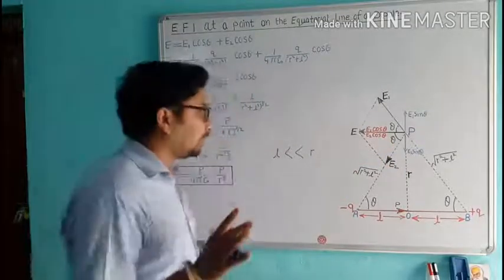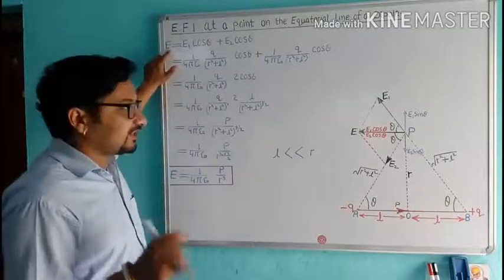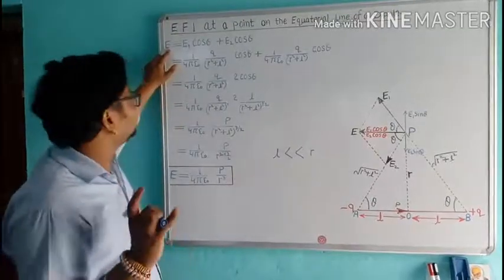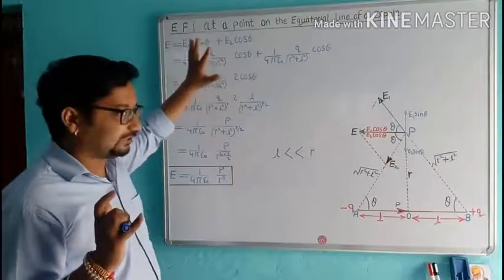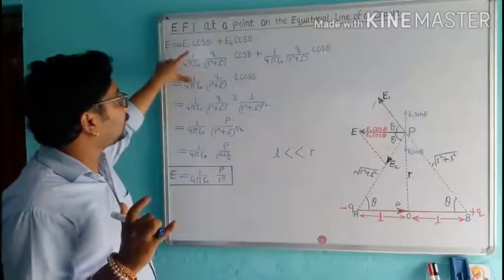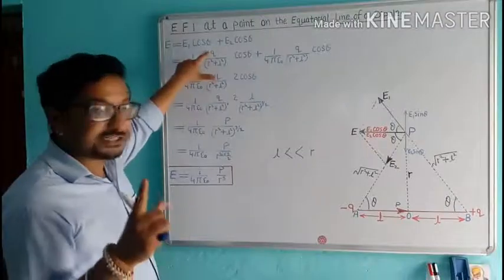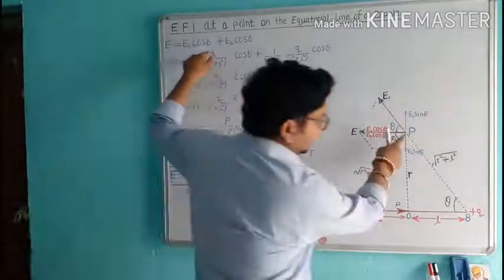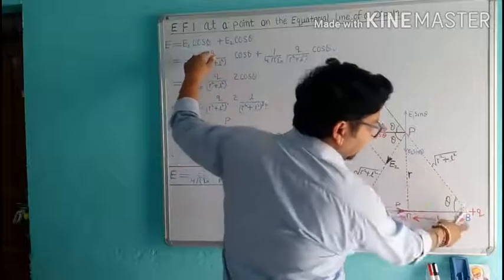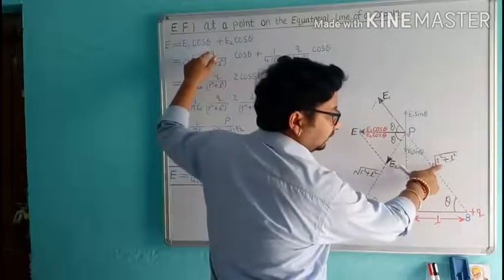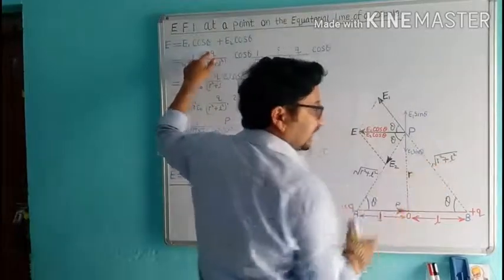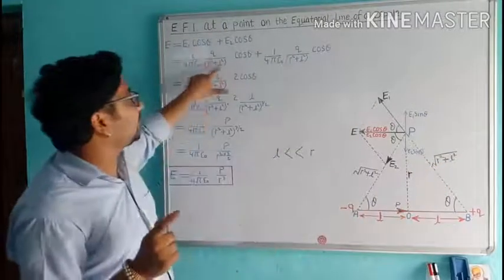Now, the resultant electric field intensity at point P, that is E, is equal to E1 cos theta plus E2 cos theta. The value of E1 is equal to 1 upon 4 pi epsilon naught, Q upon distance square. The distance of P and B is root R square plus L square, and the square of root R square plus L square is just R square plus L square.